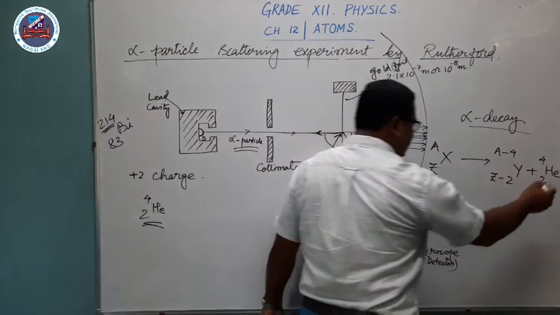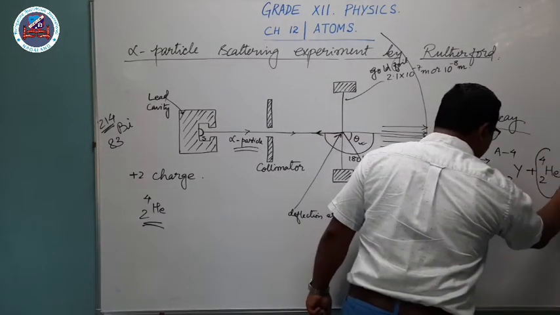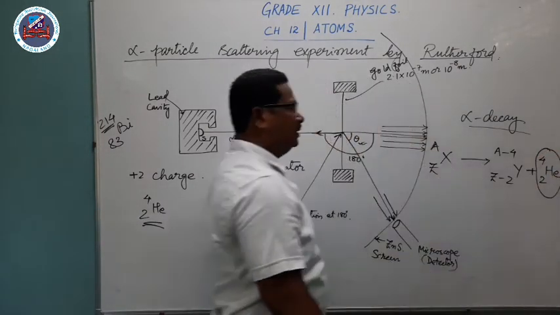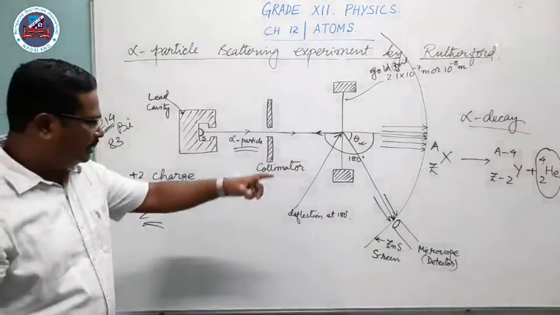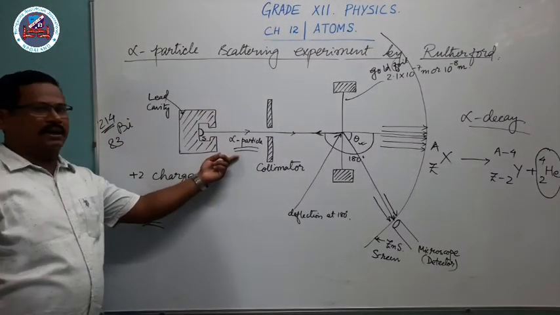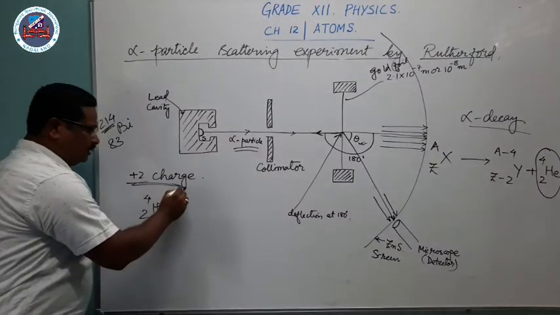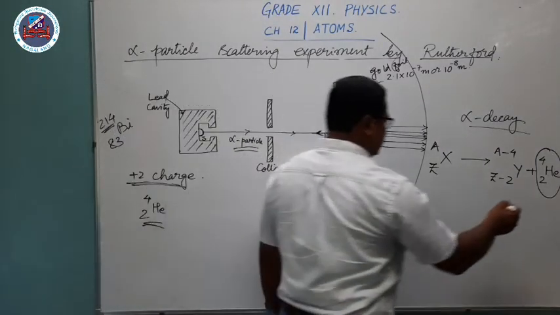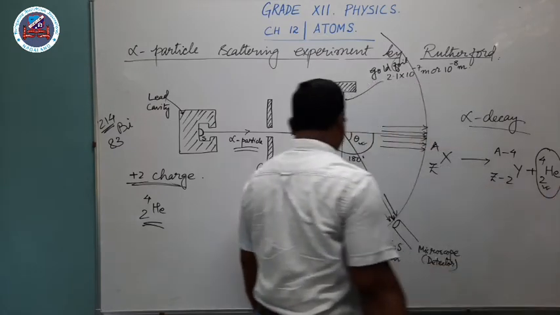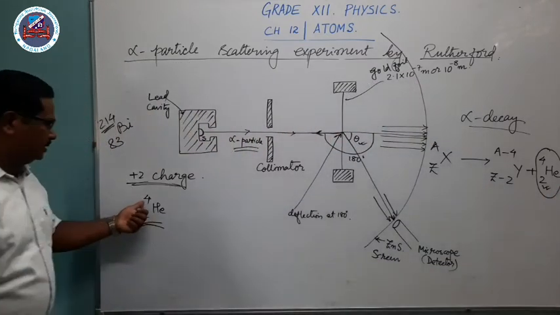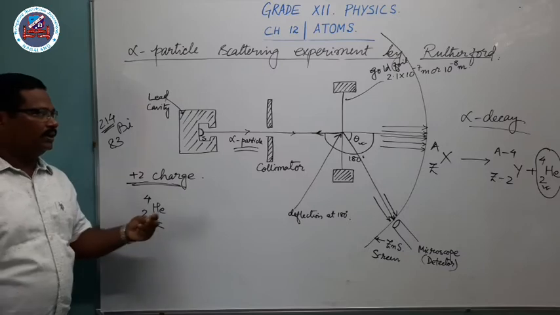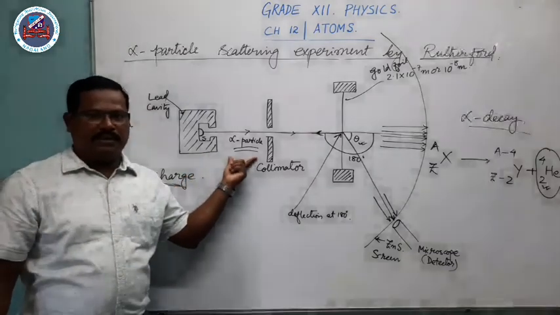And this helium nucleus, we are calling it an alpha particle. It contains +2 charge. This one will indicate the charge, and the mass, as you can see, is 4. This is your alpha particle.